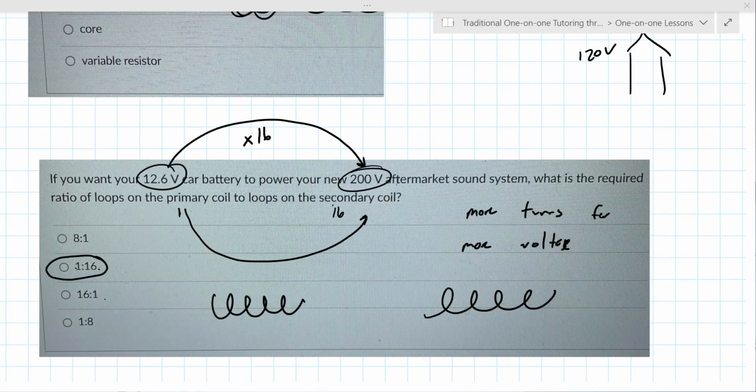Okay, so now I'm back to question 1, which is on a refrigerator. I'm sorry, transformers can be used.